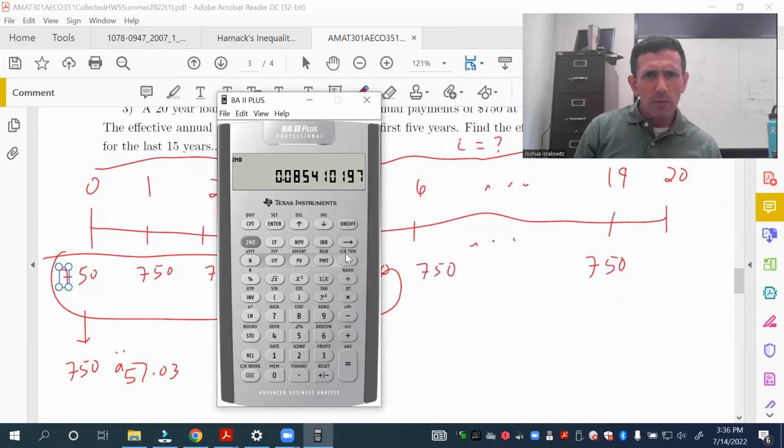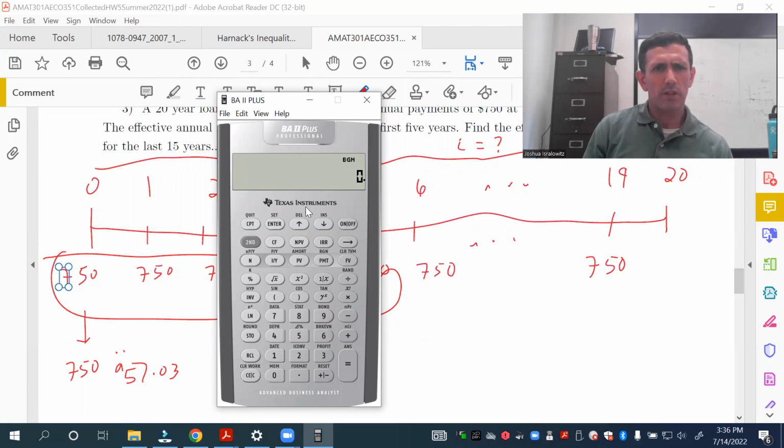First, I'm going to clear TVM, and then I want to go into annuity due mode. Let's start entering stuff. 750 payment, 5 N, 3 interest, compute present value, 3573.82380.